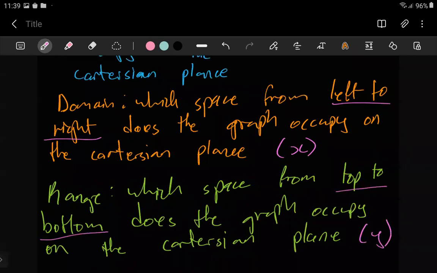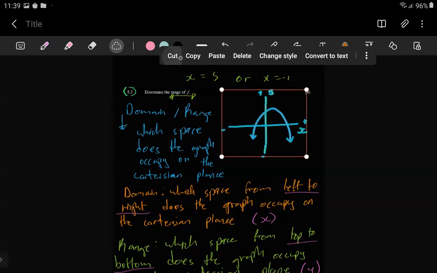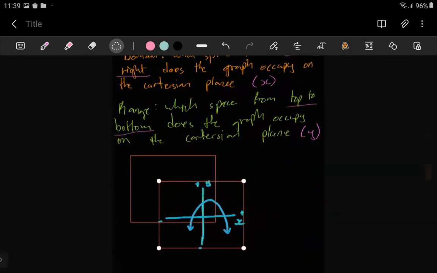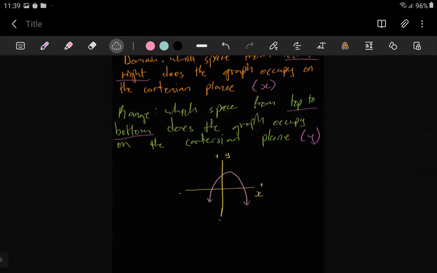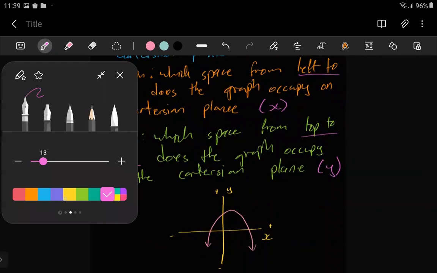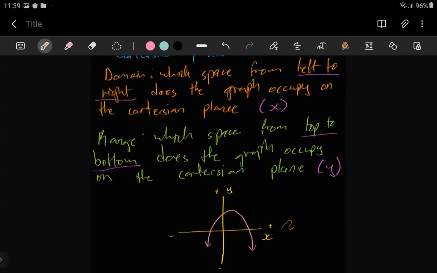So when you look at our picture here, without having figures, when you ask what is the domain of any graph, you need to look at the picture from left to right and see where the graph goes. You literally have to look along your x-axis.